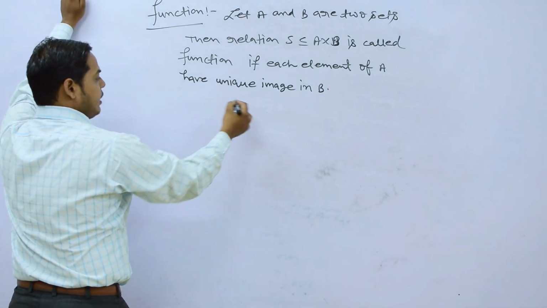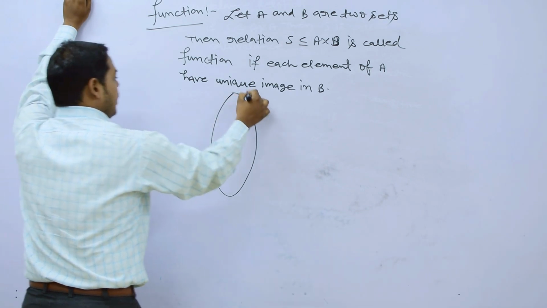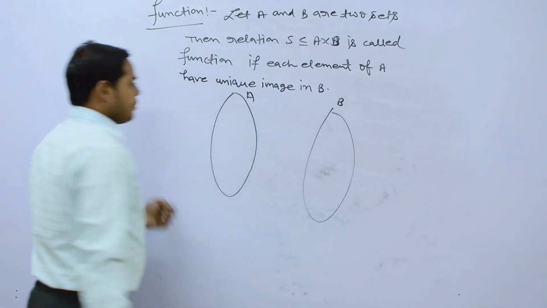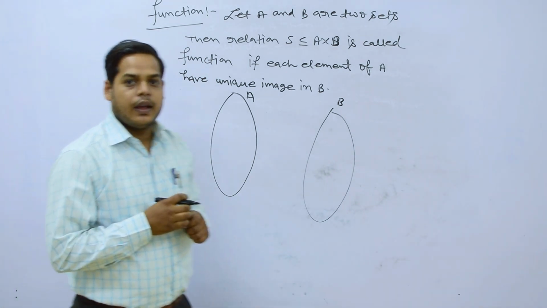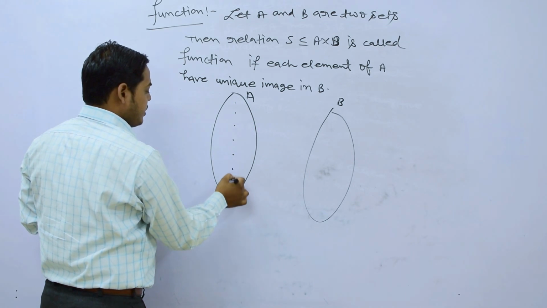We can understand this like so. Let this be a set A and this be a set B. Suppose this is a gun and it contains some bullets.